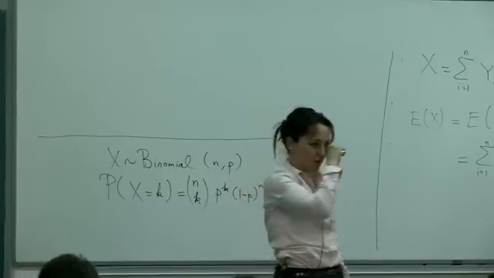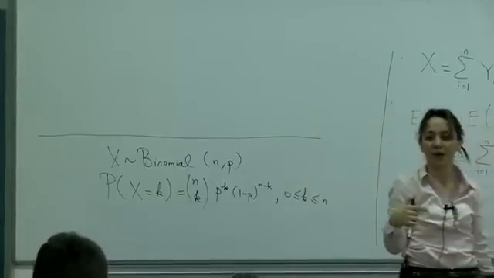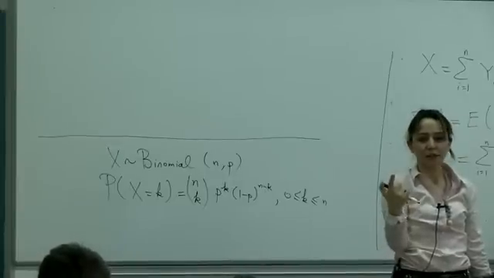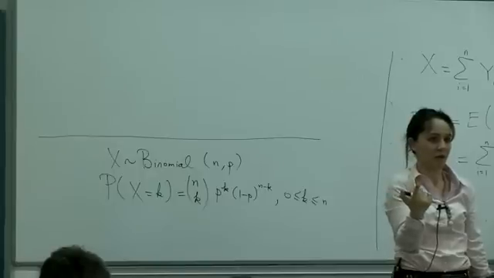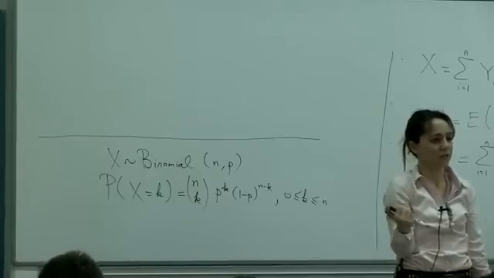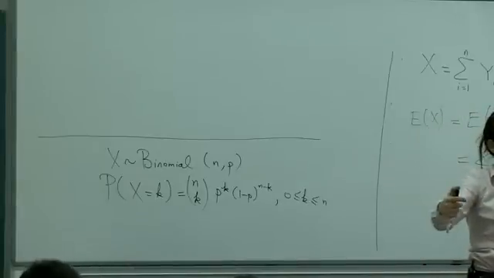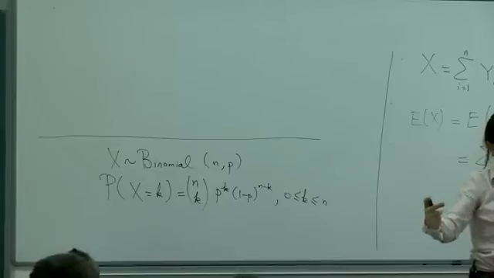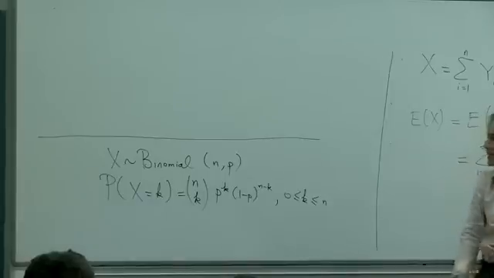Do you think the expected number of people who get their own hat back, if n is 1, it's 1, obviously. If n is 2, do you think it's less? As n increases, do you think the expected number of people who get their own hat back increases or decreases? Decreases, you think? Let's compute this.